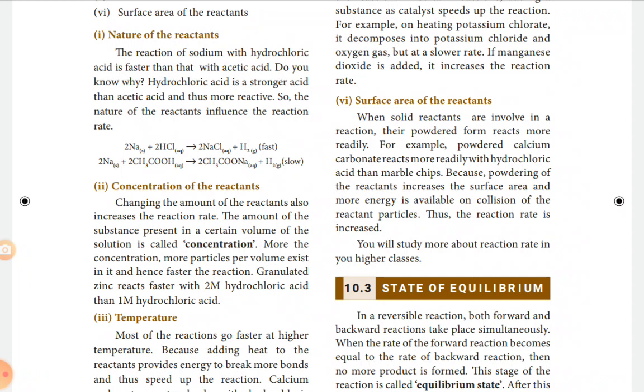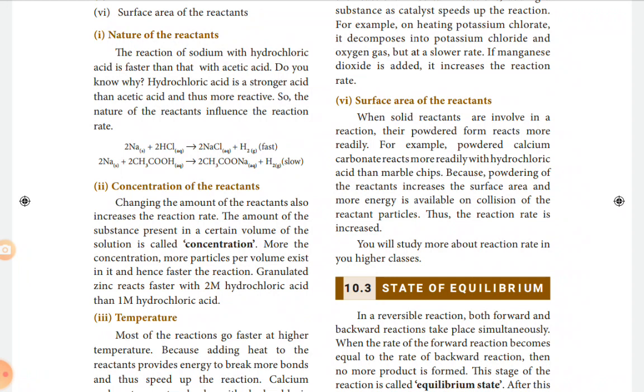So there are 6 factors which alter the rate of a chemical reaction. First one is nature of the reactant, whether it is organic or inorganic. Concentration, whether it is 2M HCl or 1M HCl. Temperature, when temperature increases, automatically the rate of the reaction also increases.